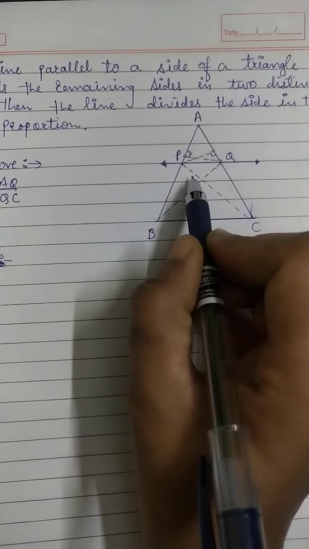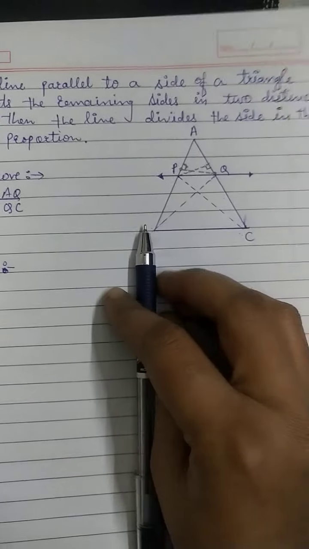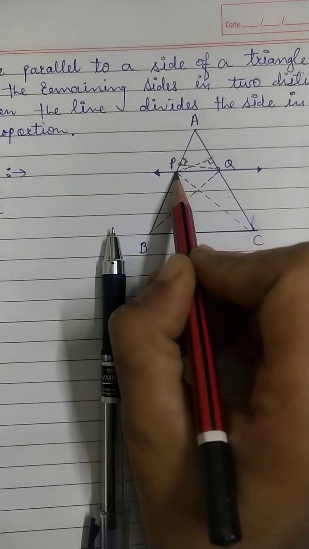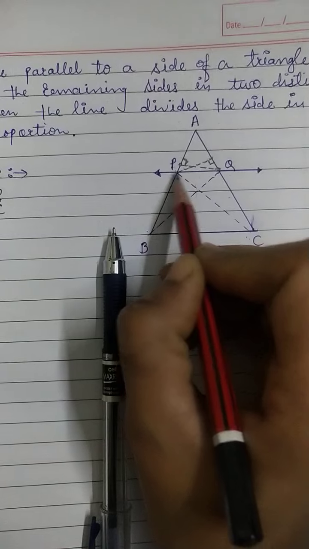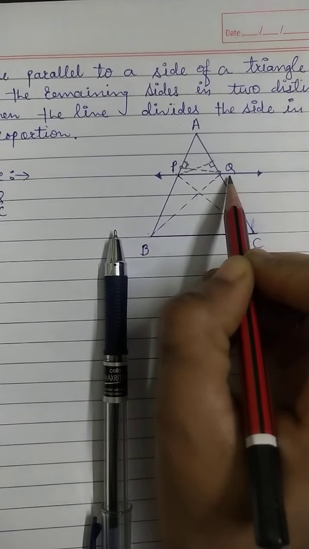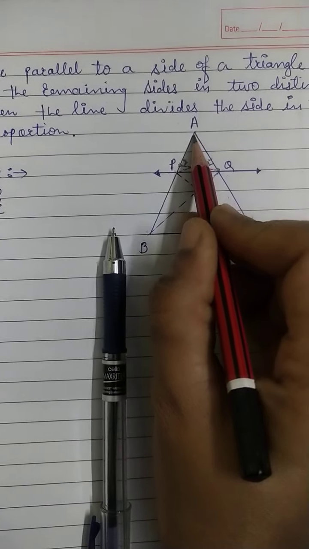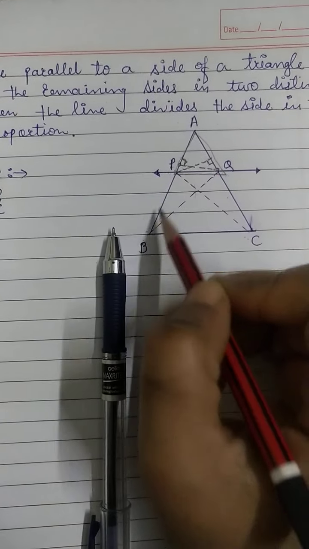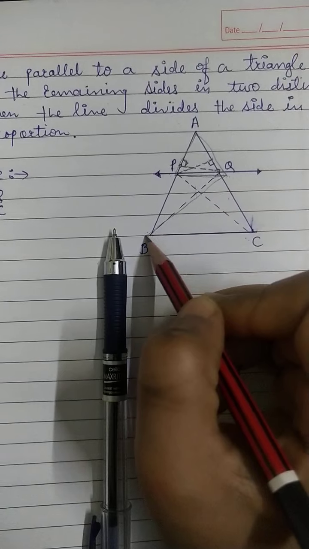Fine. Now what I am going to do is take two triangles, that is APQ and PQB. You all can see here, this is APQ and PQB.